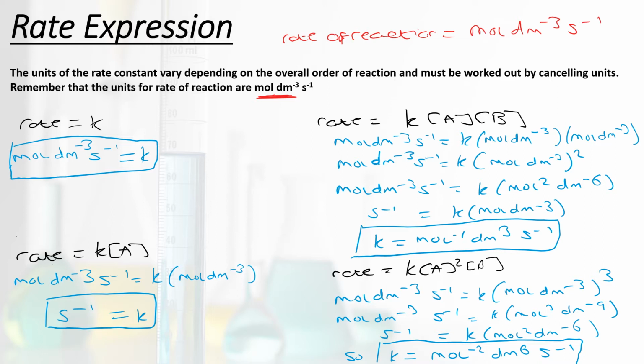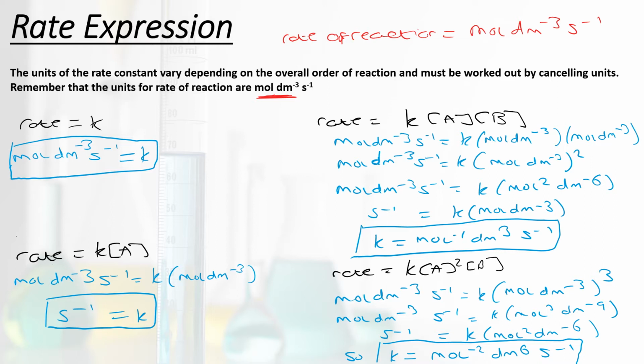If I have a rate law as shown on the top right, rate equals k, concentration of A, concentration of B, well, the rate, again, is in mole per decimeter cubed per second. Then we have k, which we're trying to find, and the concentration of A and the concentration of B. Both of these are in units of moles per decimeter cubed.